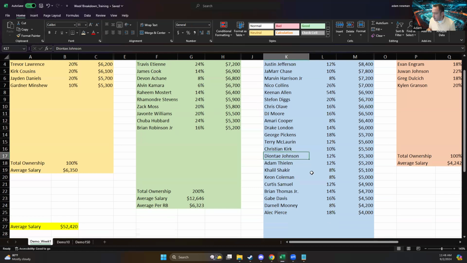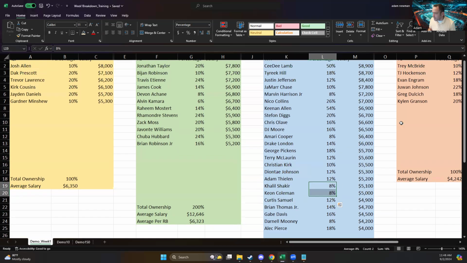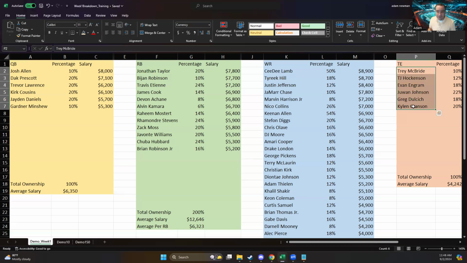So here it is. I actually have them right here. Will Shakir 8, Keon Coleman 8, Curtis Samuel 12. Just for the sake of this, I didn't have Dalton Kincaid. Probably should if I was actually doing this. But just for the sake of simplicity, I have three pass catchers with a total cumulative rostership of 28%.